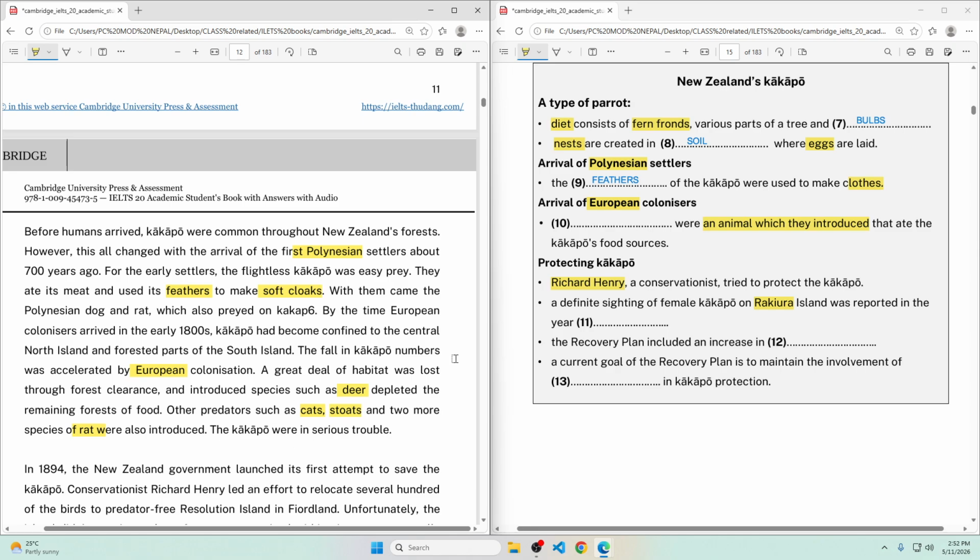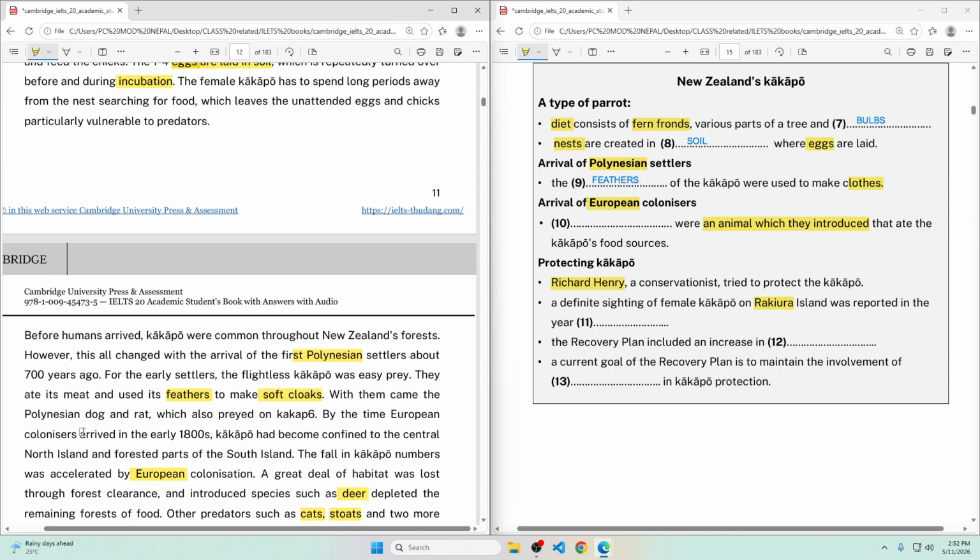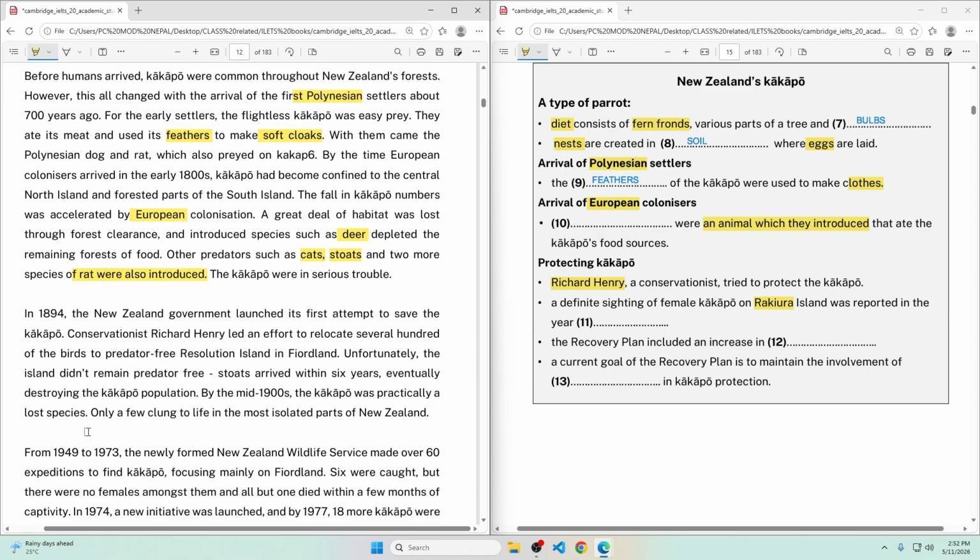But if you look at the question, it says which they were introduced. So were also introduced is linked with rat. I don't know what the right answer here is.